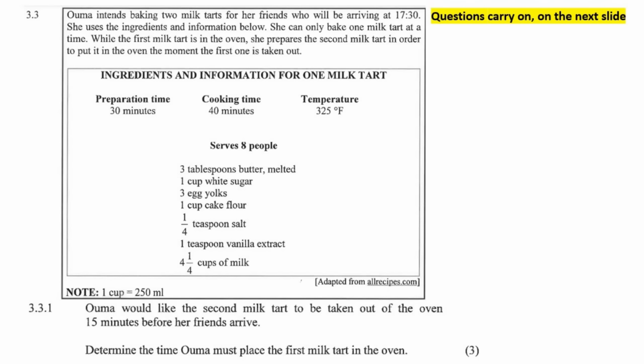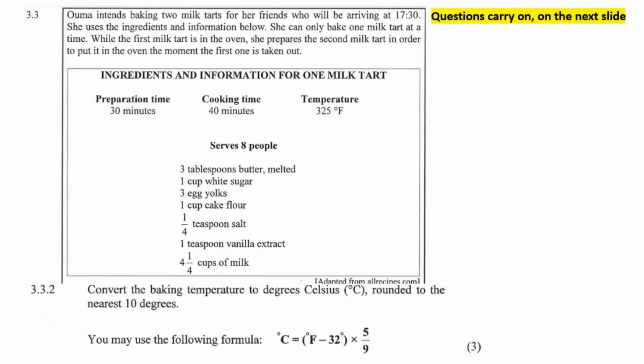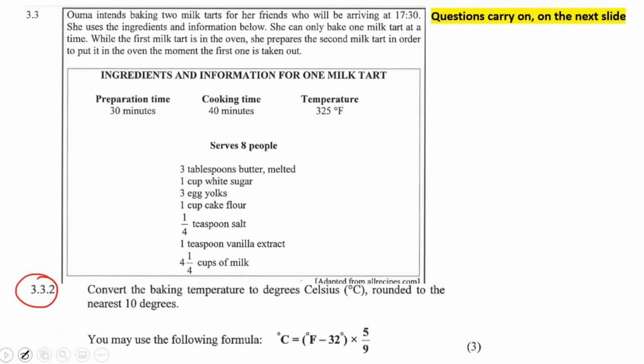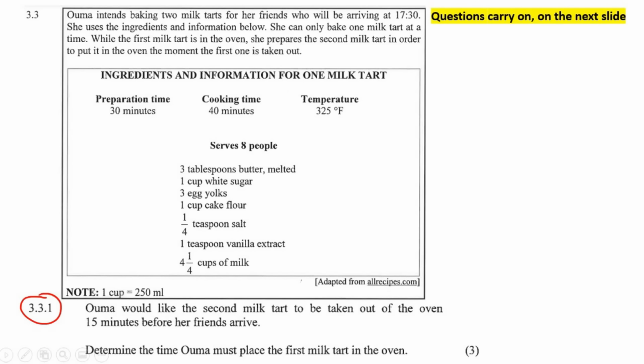So with this question we're going to do this question over here, and then this one over here, and this one over here. Okay, so Oma intends baking 2 milk tarts for her friends who will be arriving at 5:30. She uses the ingredients and information below. She can only bake 1 milk tart at a time.